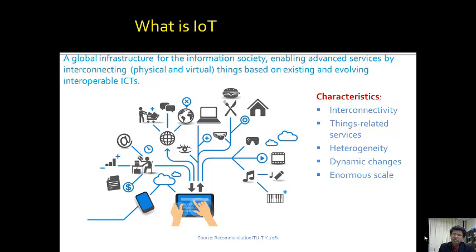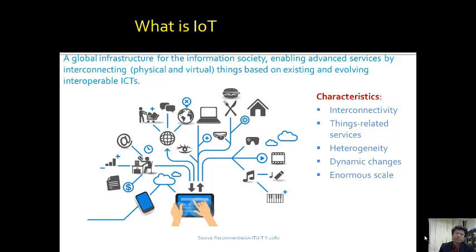So what exactly do we mean by interconnectivity? Interconnectivity with regard to the IoT means that anything can be connected with the global information and communication infrastructure. The second characteristic is things related services.